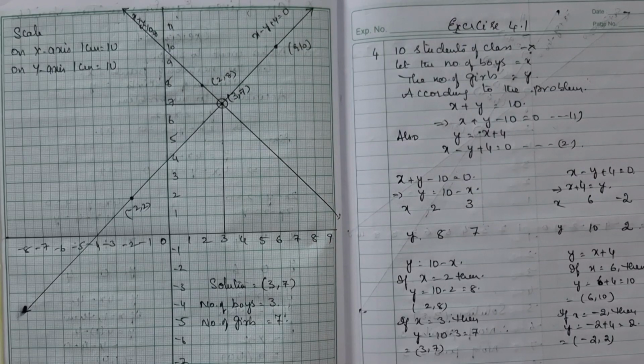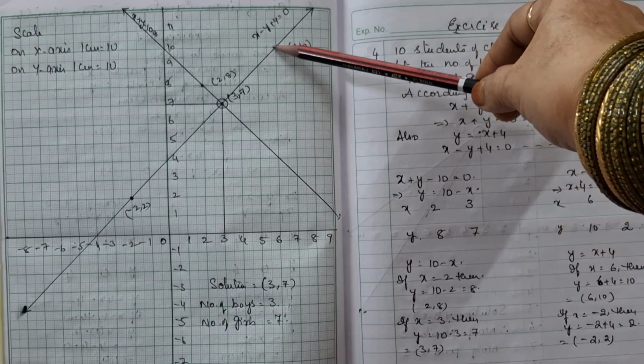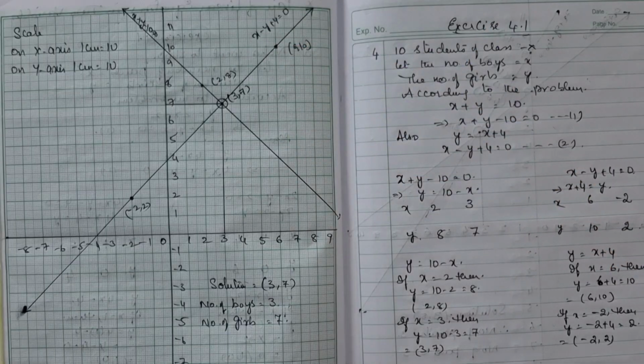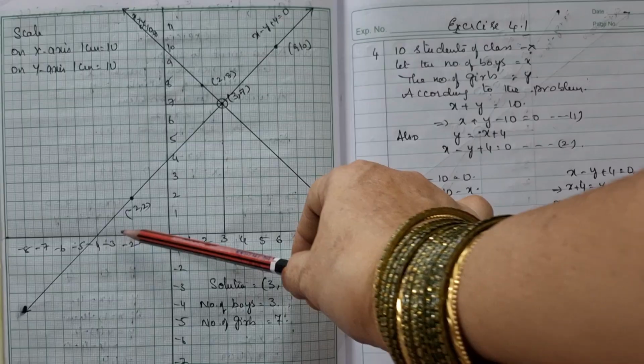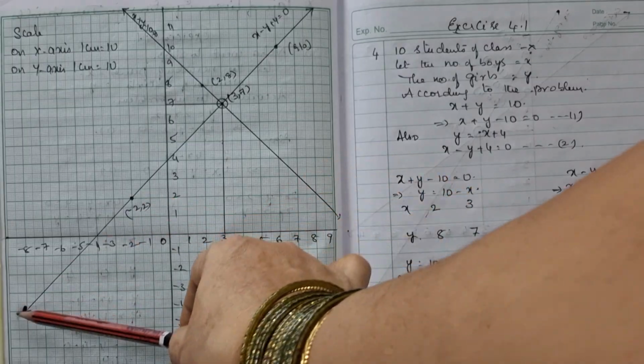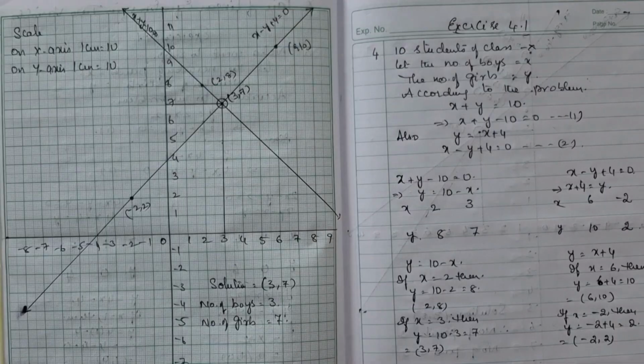Next, 6 comma 10. So this is 6 and this is 10 I have taken, and minus 2 comma 2. Minus 2 is here, another 2 is here. So this is the line that I have got, x minus y plus 4 is equal to 0.